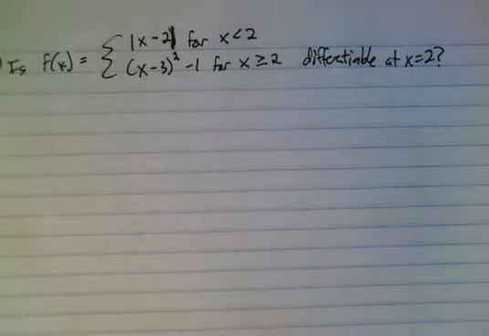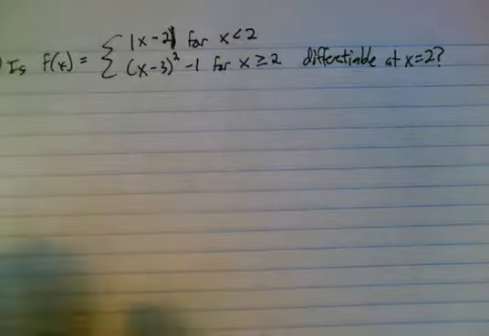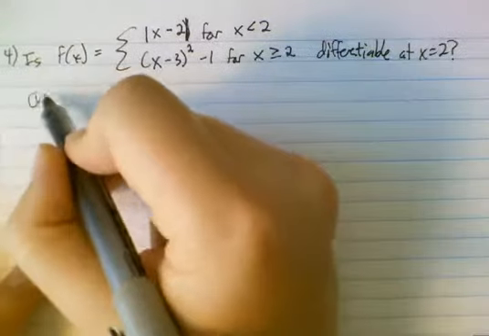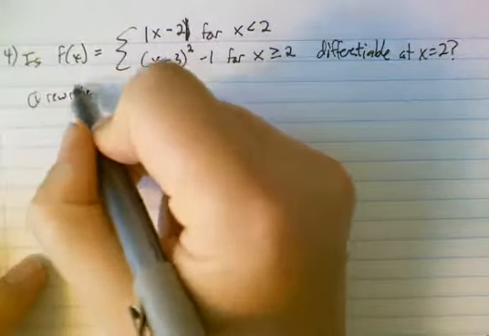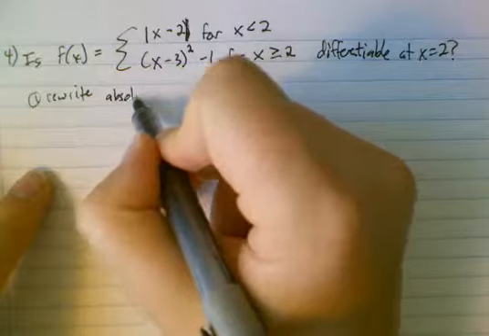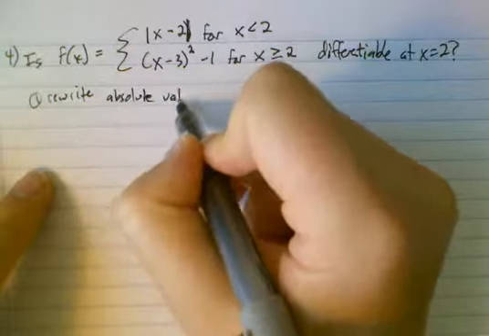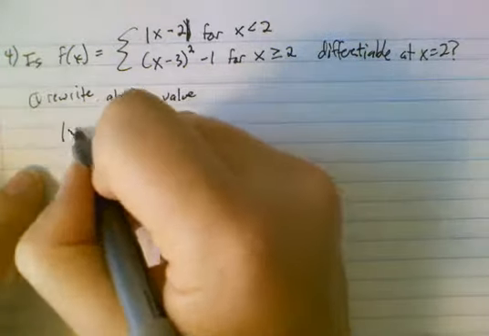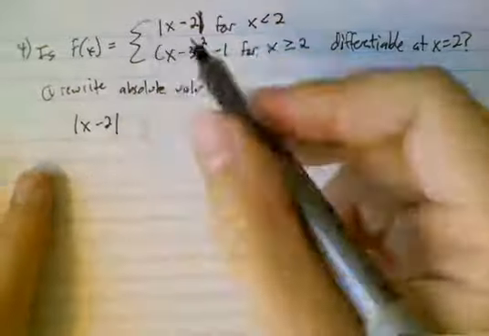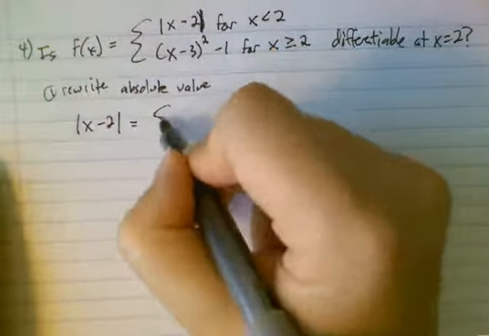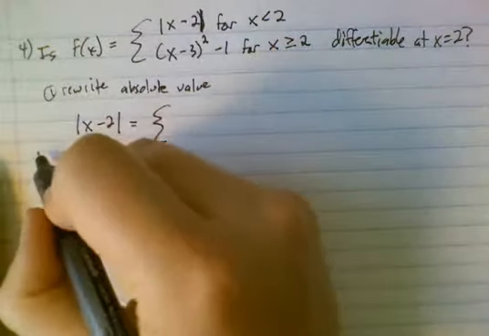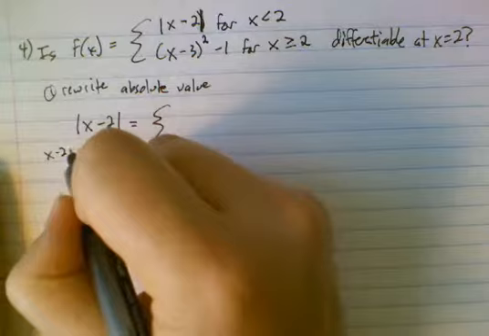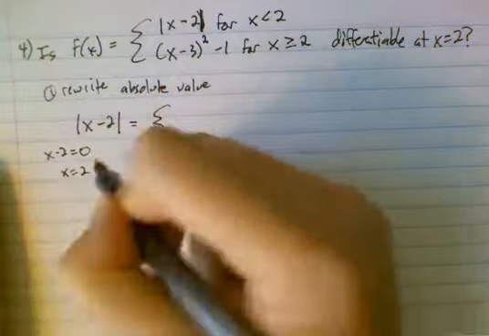Okay, so the first thing that we want to do is we want to rewrite that absolute value. We know x minus 2 is going to equal 0 with the vertex, x equals 2.